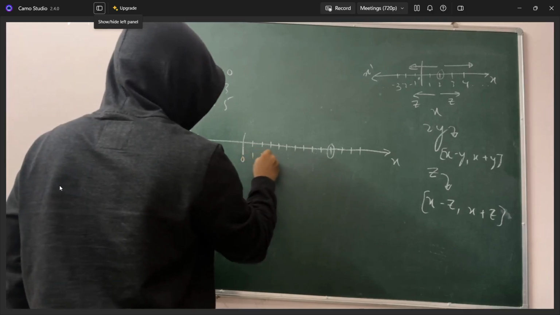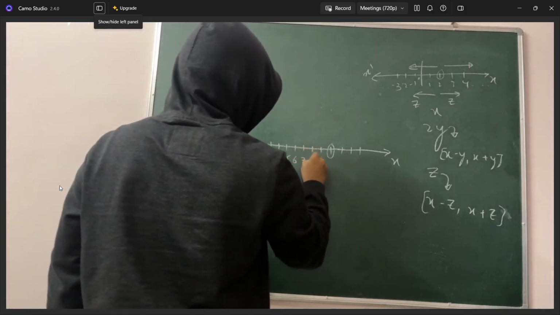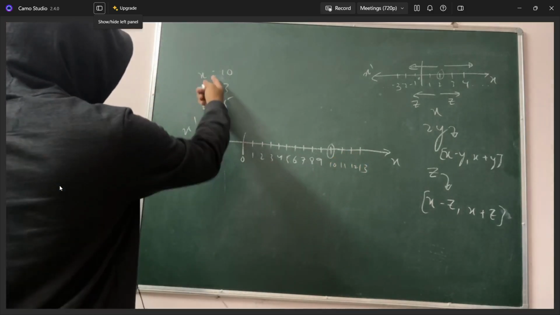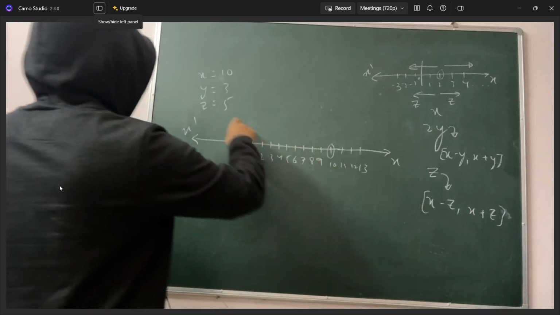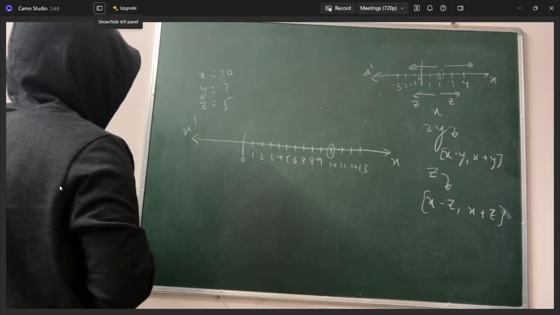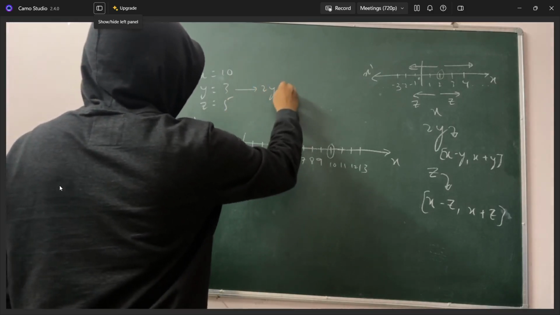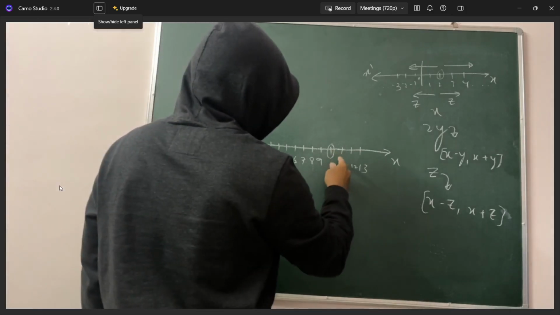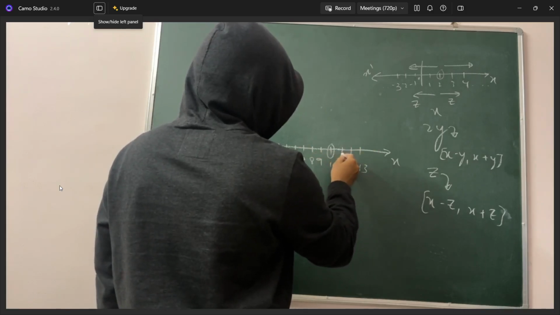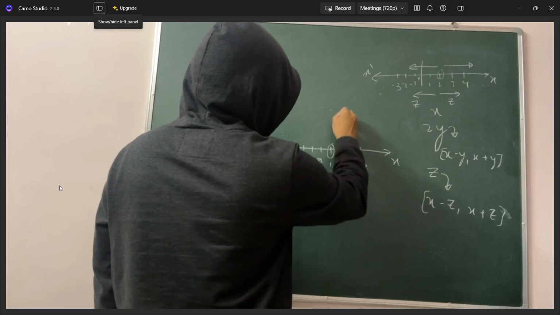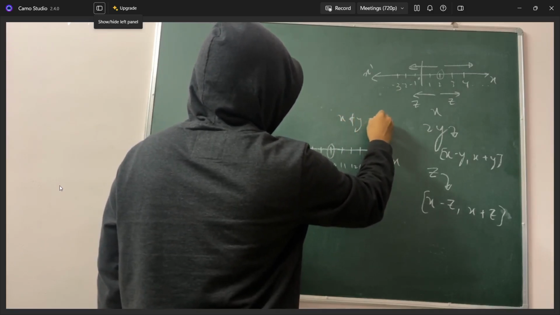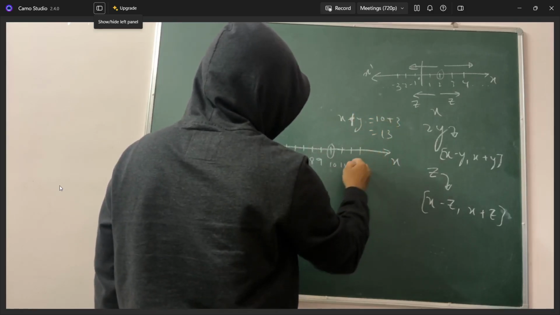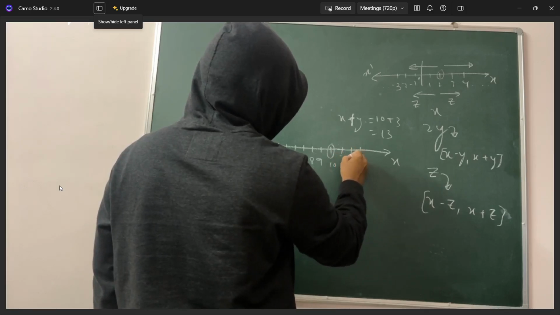Here it is 0, 1, 2, 3, 4, 5, 6, 7, 8, 9, 10, 11, 12 and 13. So Chef's house is located at this position, and how many friends will he have? 2Y friends, which is going to be 6 friends. Chef has 6 friends, so 3 friends each are on the right and on the left. So X plus Y is going to be, X is 10, Y is 3, which is 13. So till 13 his friends' houses will be there. This is one of his friends, this is, and this is.